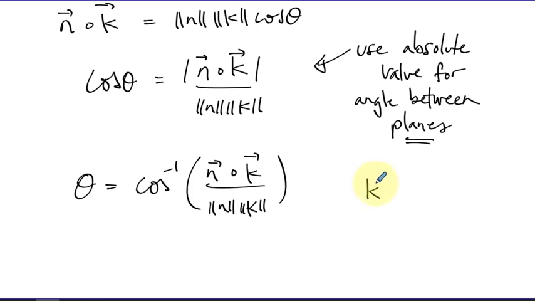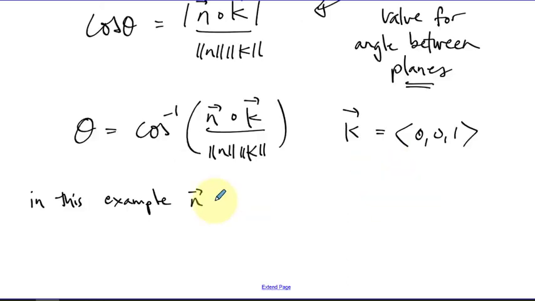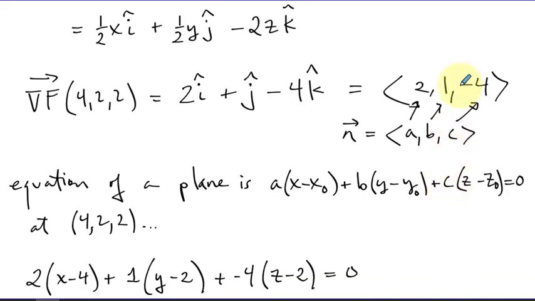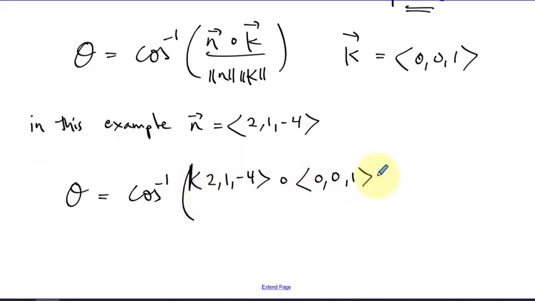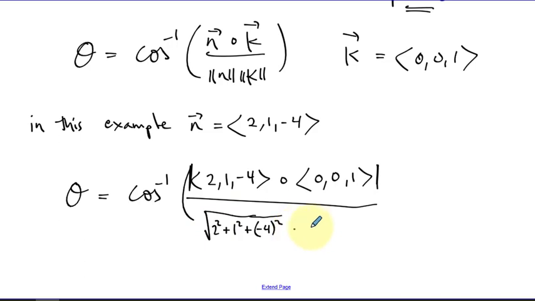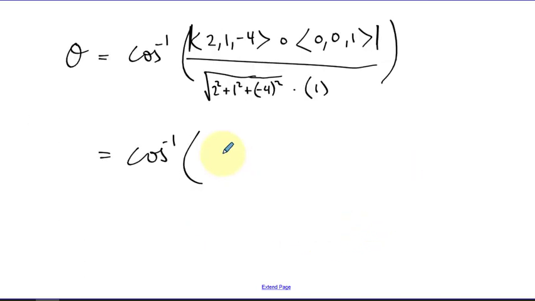Of course, k is the unit vector. In this example, the n is 2, 1, negative 4. Don't forget the absolute value. Magnitude of n times the magnitude of k, which of course is just 1.